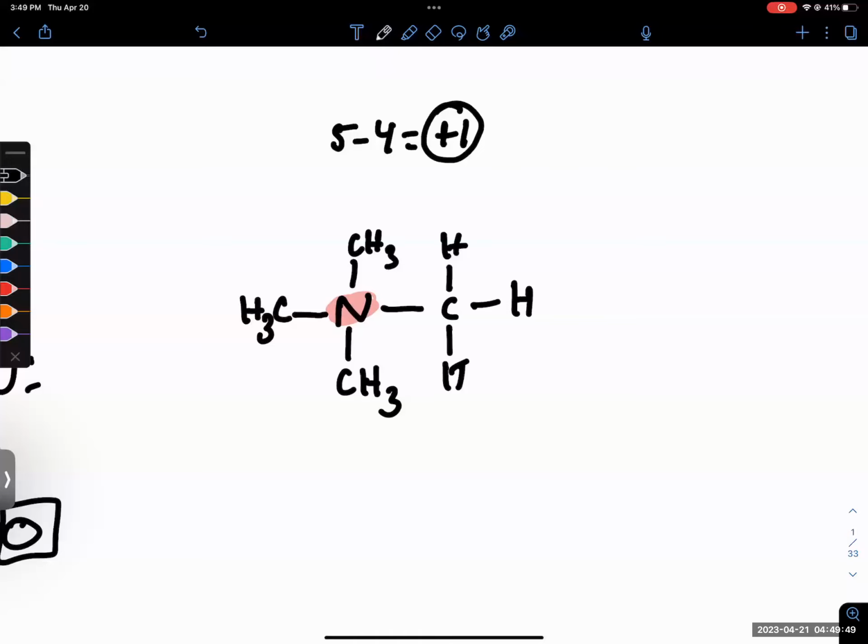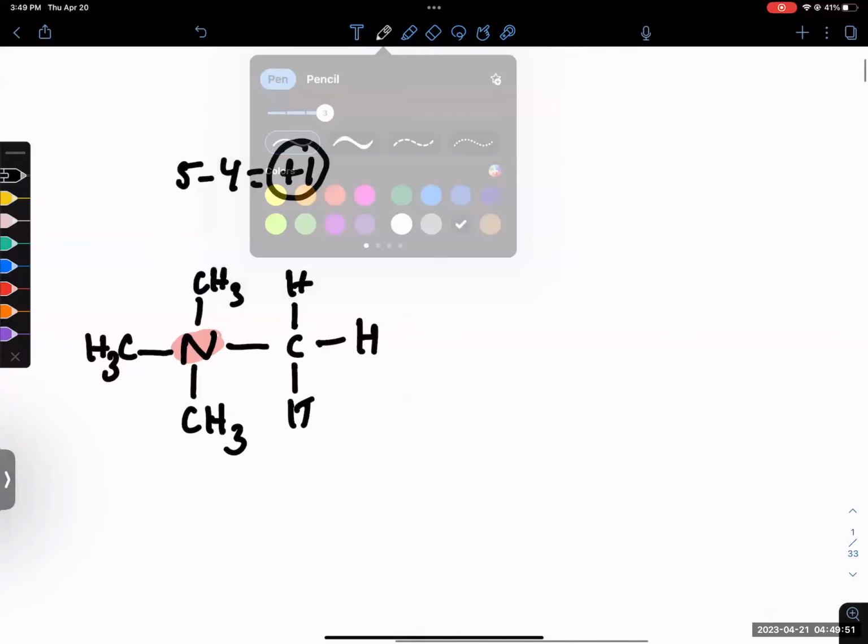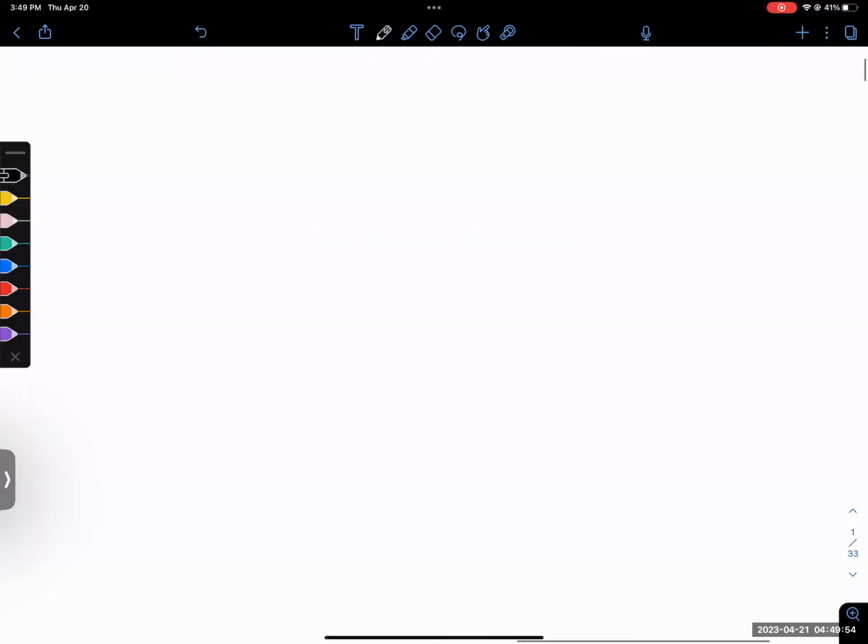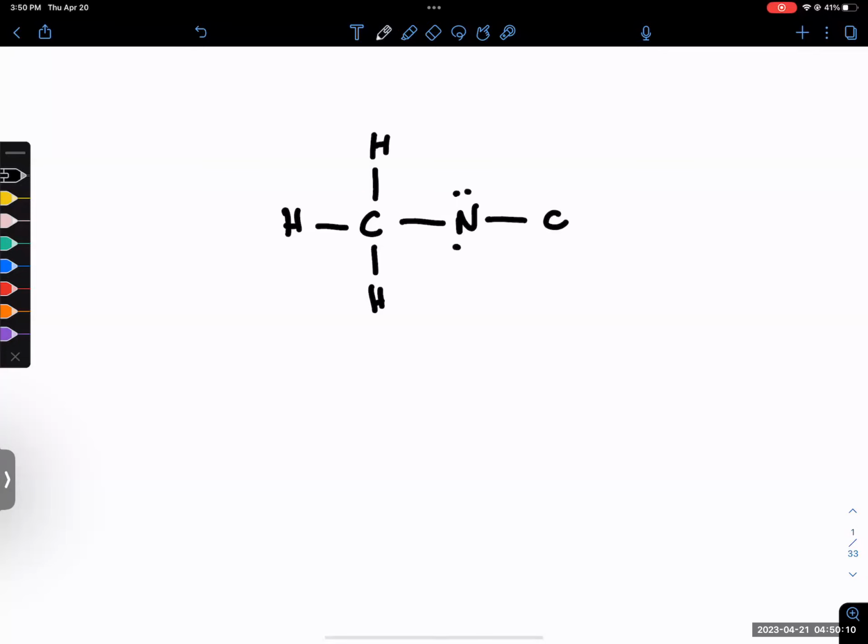Let me give you a weird structure and I want you to calculate the formal charge of the atoms I highlighted. I need to erase the C6 because I wanted to make it a bigger structure.